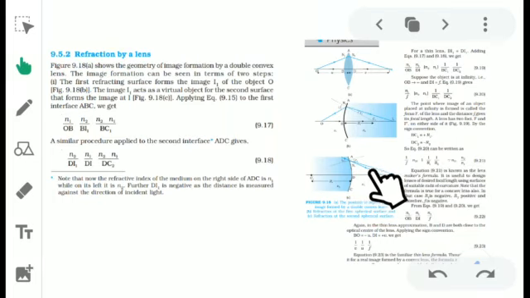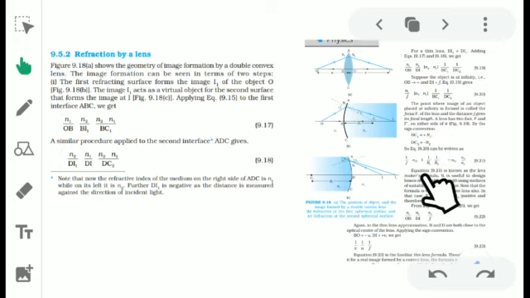This is the Lensmaker's formula, that is 1 by f is equal to (n21 minus 1) into (1 by R1 minus 1 by R2). n21 is the refractive index of the denser medium with respect to the rarer medium. There the refractive index of the lens we have taken as n2, and the refractive index of the medium is n1.